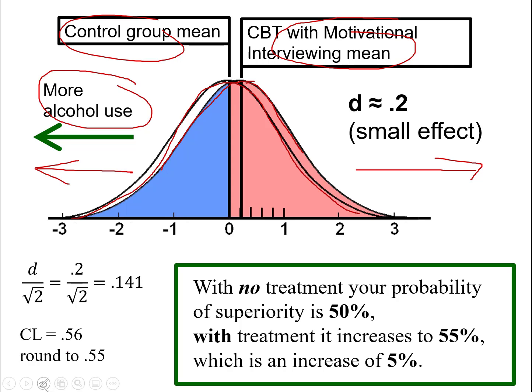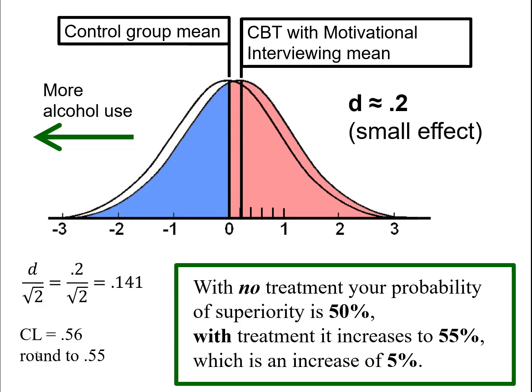So we're now down to a very small effect, a d-statistic of 0.2, and our two distributions are almost right on top of each other. Down at the bottom, I've marked off my standard deviation units, and we see that our treatment group is just a little bit higher than our control. There's not much difference between them. Our treatment group mean is just 0.2 of a standard deviation higher than the mean for our control group.